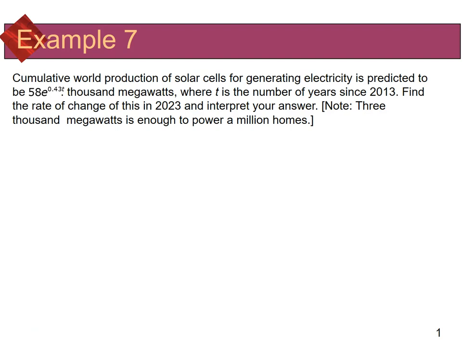So for this question, you're being told that you have the power being generated from solar cells. So I'm going to let that function be p, p of t, and they're saying that's 58 times e to the 0.43t power.